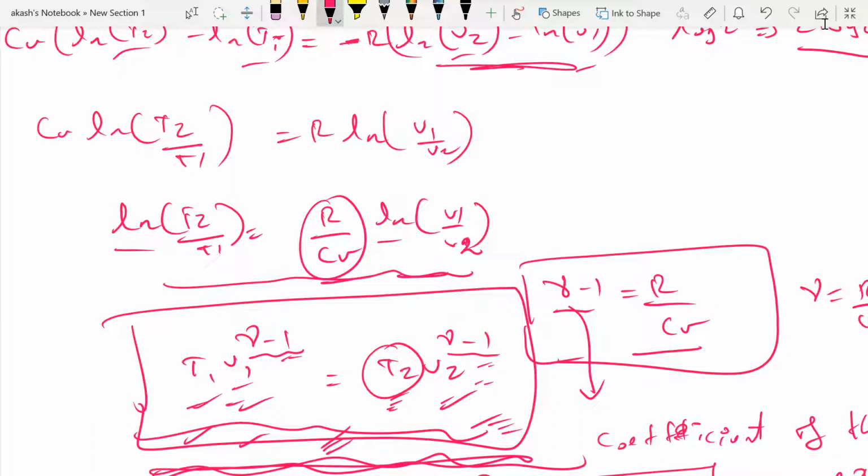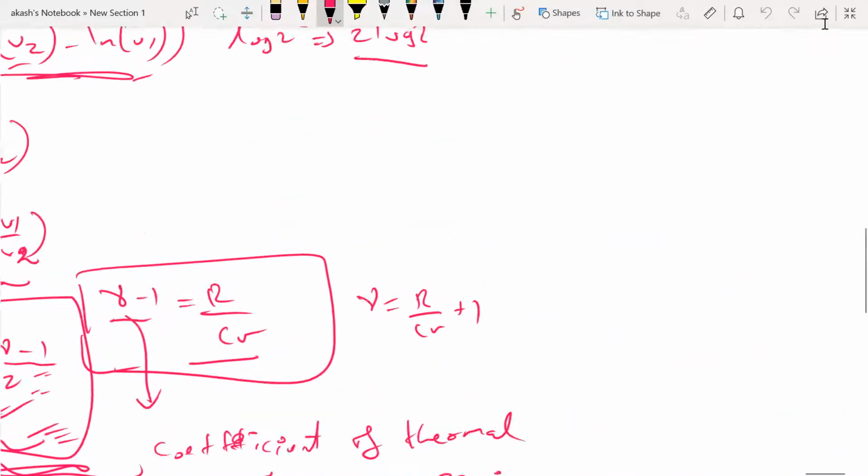In that process, work done on the system is 22 joules.